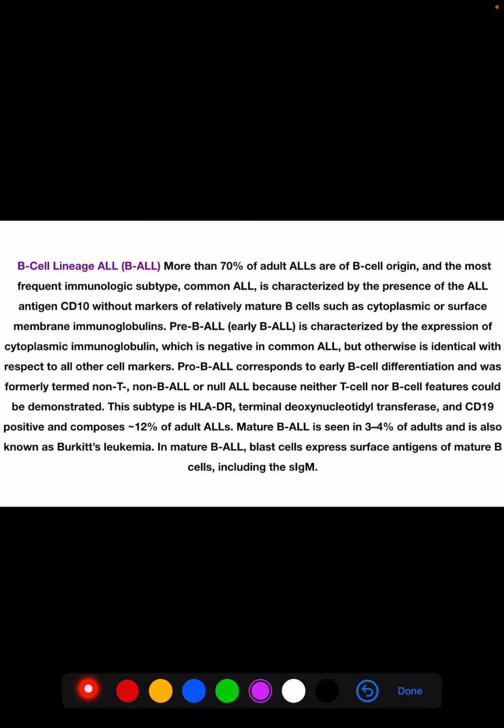And then coming to B cell lineage ALL. We have done an immunological study and found that it is a B cell lineage ALL. More than 70% of adult ALLs are of B cell origin.